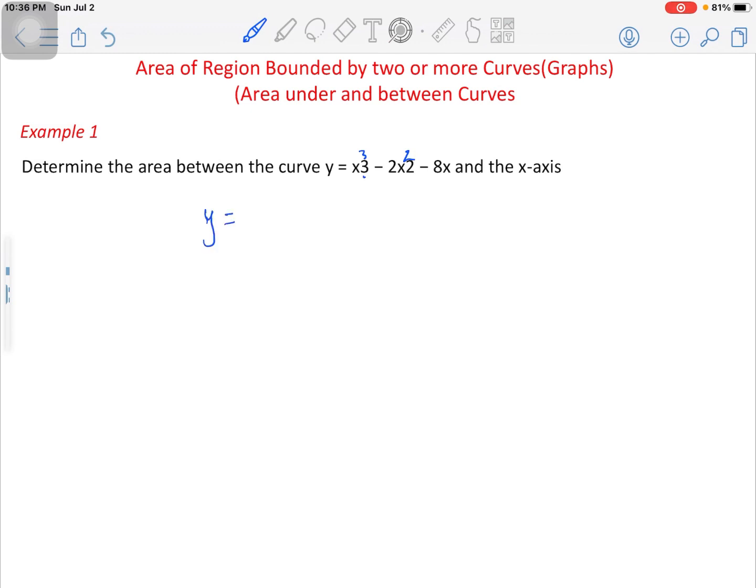So let me write it properly here: y equal to x power 3 minus 2x squared minus 8x. So this is our function.